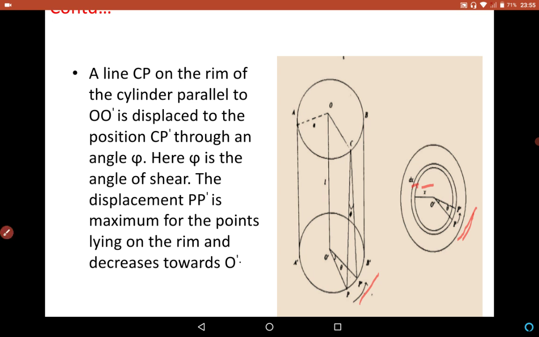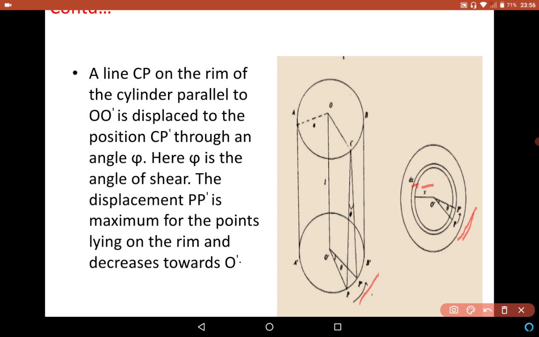Here the whole cylinder is divided into a number of cylindrical hollow shells of different radii. We consider one circular shell with center O dash, of radius x and thickness dx.